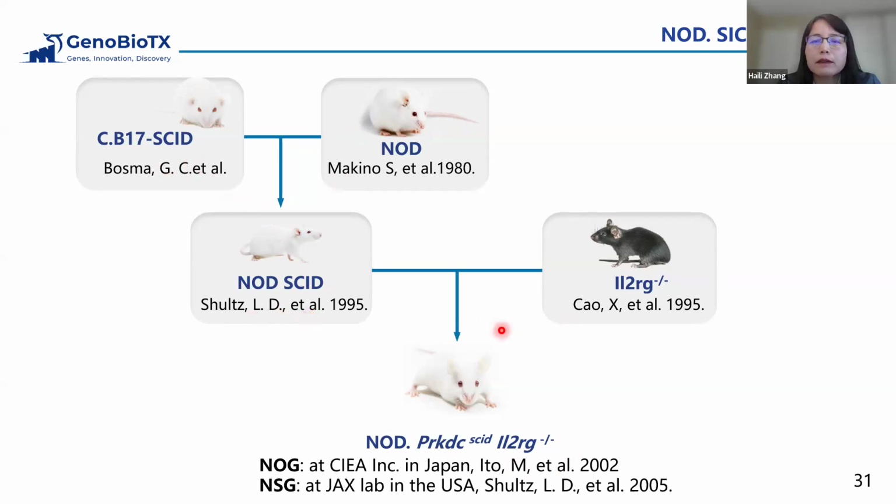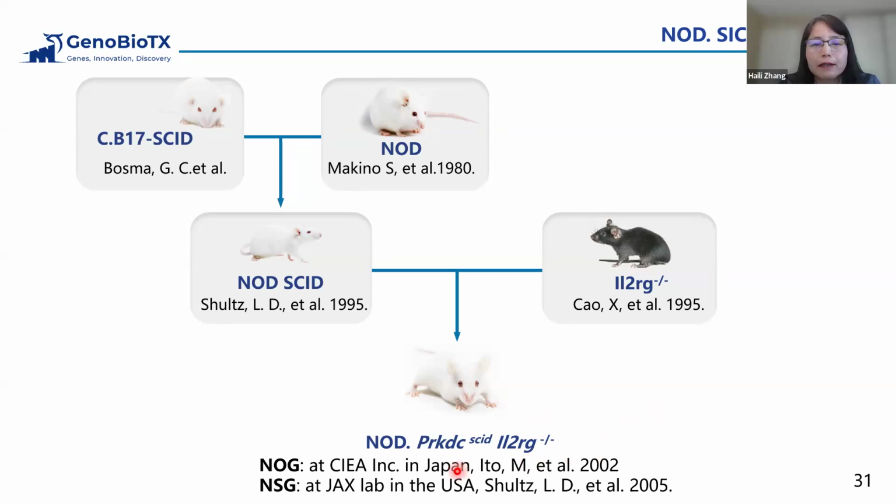Then we cross the NOD-SCID with IL-2 receptor gamma knockout mice, and we obtain the NOD-SCID IL-2 receptor gamma knockout mice. This model is a crucial tool for human immune system research and tissue transplant studies.